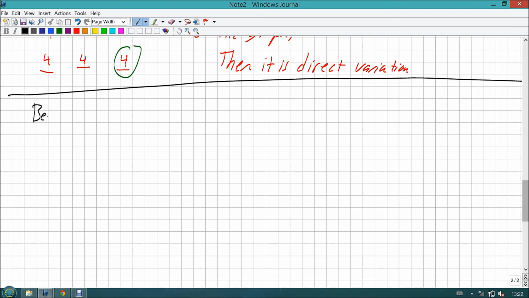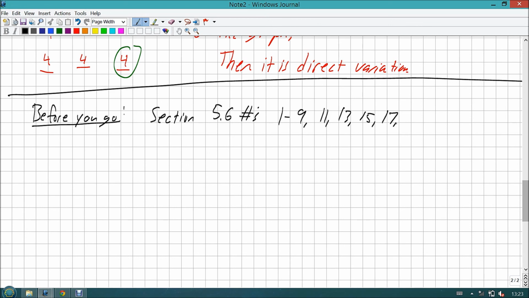So it's the before you go time. So before you go, this is going to be section 5.6, numbers 1 through 9, 11, 13, 15, 17, 21, 25, 27, 33, 35, and 39.